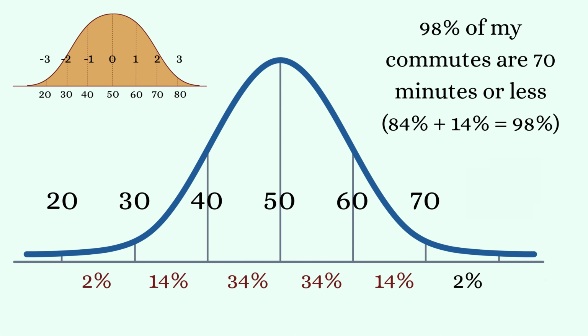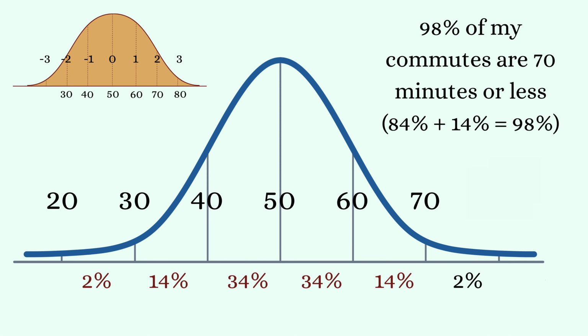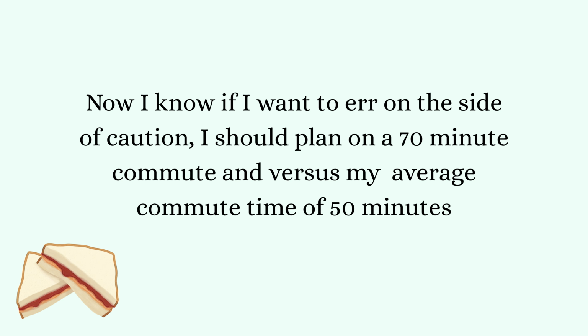I got to 98% because, recall, we just summed up the percentages below the chart space up to one standard deviation above the mean, which was 60 minutes. Now we've moved up to 70 minutes, which is two standard deviations above the mean, which then encompasses an additional 14% of our sample. So we know that 98% of our commutes are 70 minutes or less.